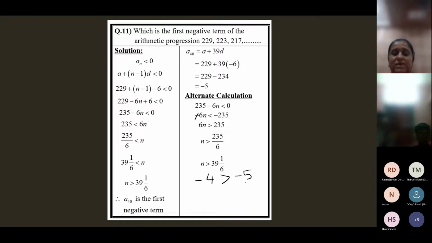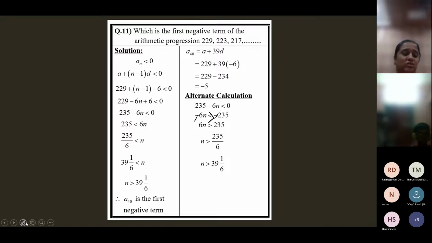When you cancel the minus sign, 4 is less than 5. The inequality is reversed, and this is true. So when you cancel the minus sign, you must reverse the inequality.